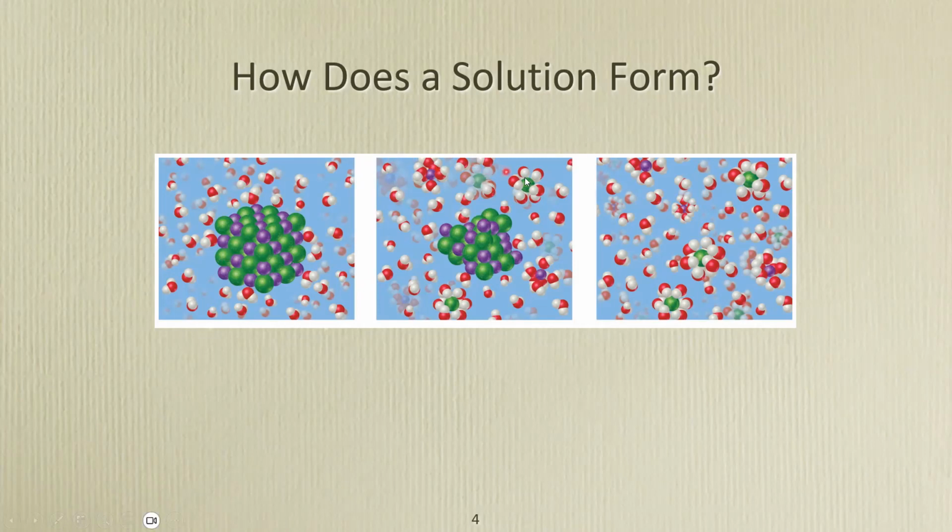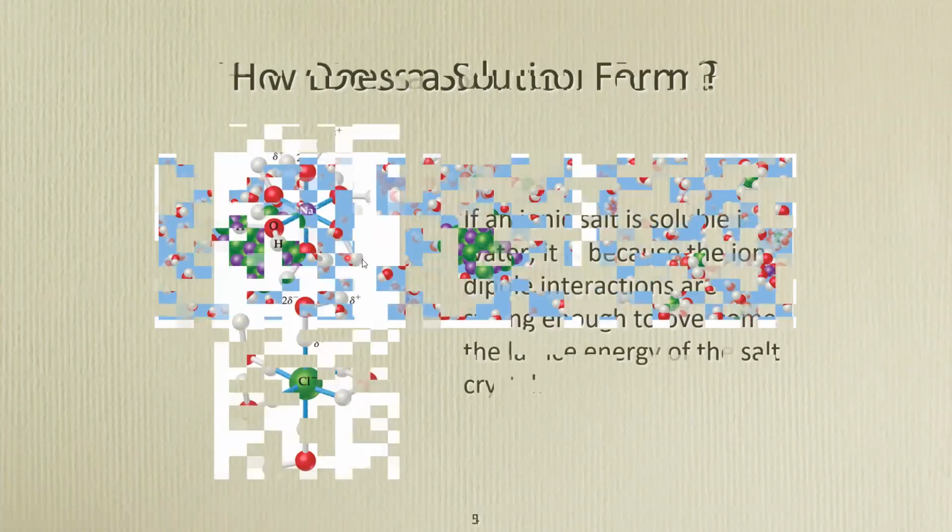Then the water molecules are just going to surround them, so that the positive hydrogen are going to be sort of pointed at the negative chloride, and then just the reverse, the negative oxygen of water is going to be pointed at the positive sodium. But the interaction between the water and the solvent is going to be a more stabilizing interaction than just having the solvent and the solute essentially separate from one another.